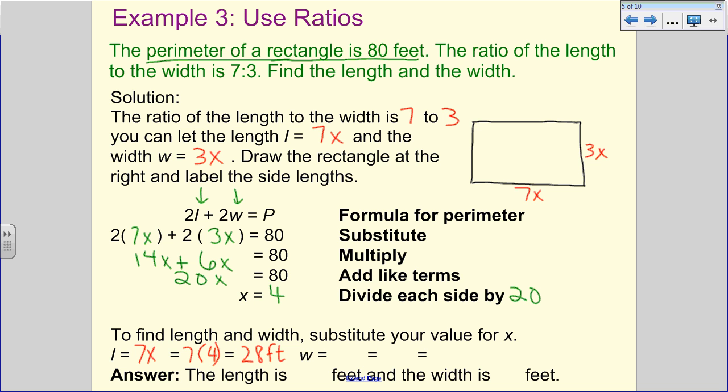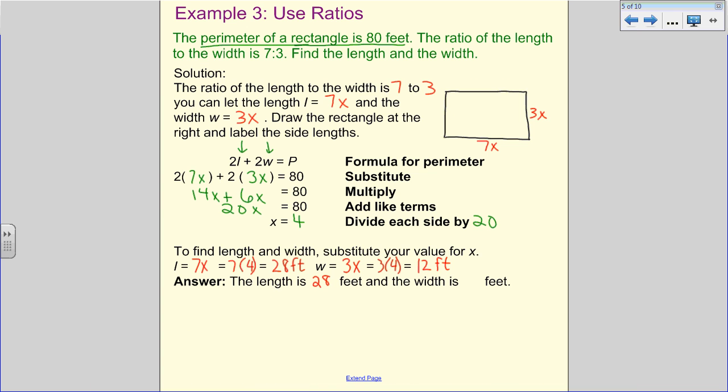My width is 3x, which is 3 times 4, which would be 12 feet. So my length is 28 feet, and my width is 12 feet.